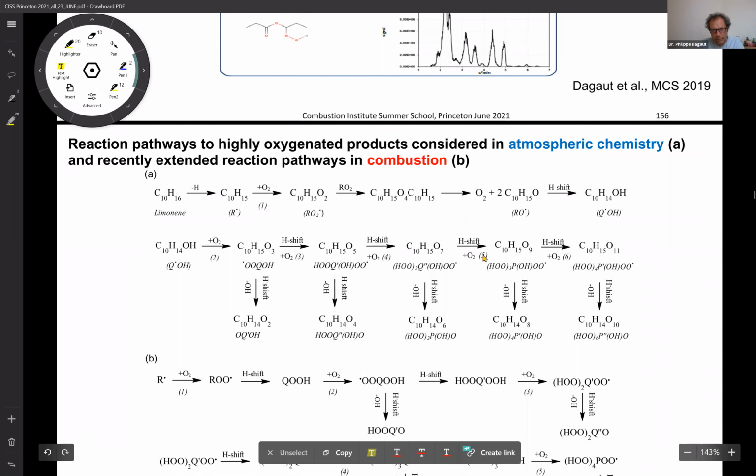Then you get this intermediate that can either decompose or react through H atom transfer followed by O2 addition. And then you get something which is really highly oxygenated that can decompose and produce this species, which contains 10 atoms of oxygen. So this is what people dealing with atmospheric chemistry are considering.